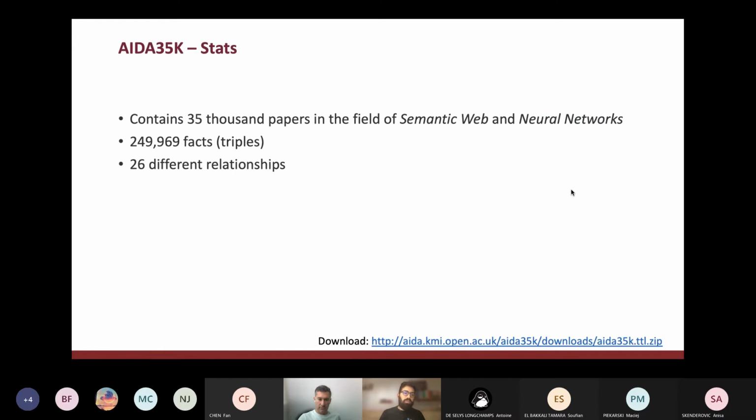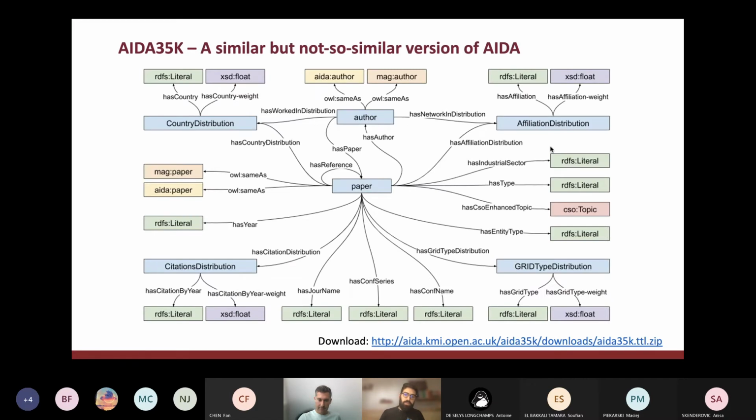It contains 35,000 papers in the field of semantic web and neural networks. It contains almost 250,000 facts, so triples, and there are 26 different relationships. So all these relationships, all these links that you see here are basically, I don't see why my mouse goes wild. Okay, now it's better.